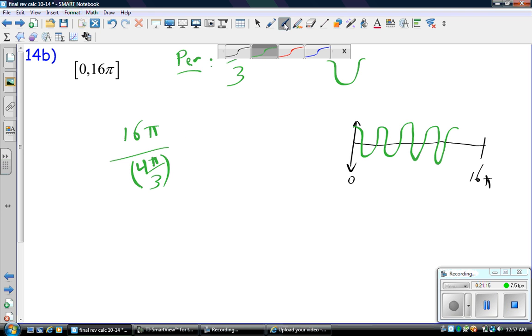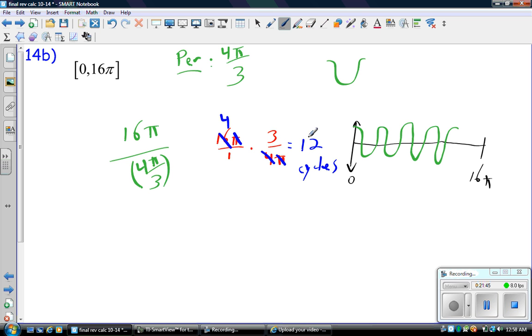Just like before, multiply by the reciprocal, so this is 16 pi times 3 over 4 pi. All I did was flip the bottom. The pi's cancel. 4 goes into 16 4 times. So 4 times 3 is 12.